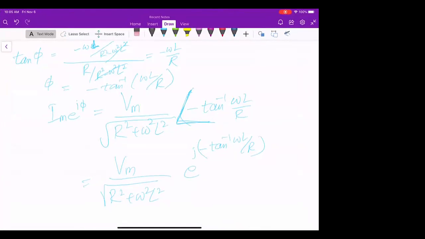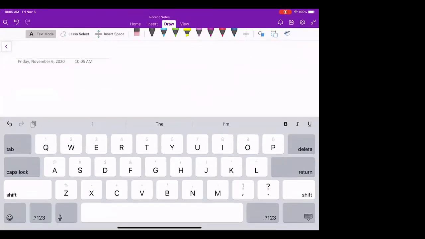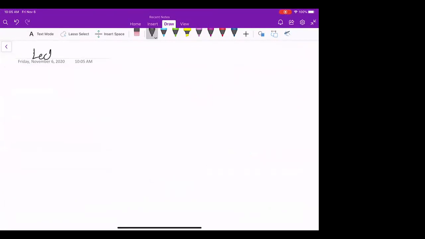So last time we were doing this. We did a circuit with the inductor, and we tried to see how it will behave and how we can calculate the current.